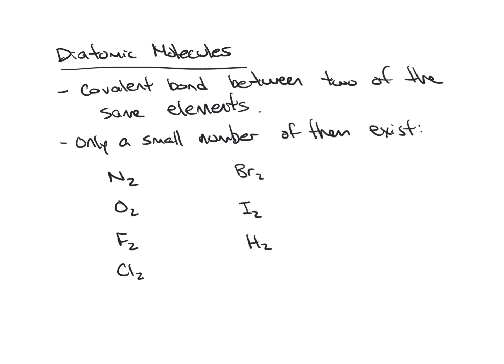Now, these are all gases actually. So we actually give them names simply as nitrogen gas. And O2, we simply call it oxygen gas. And same with every single one of these. F2 is called fluorine gas. Cl2 is called chlorine gas.